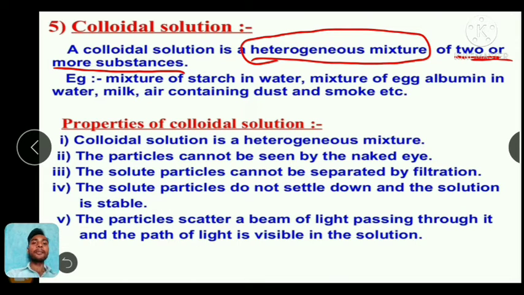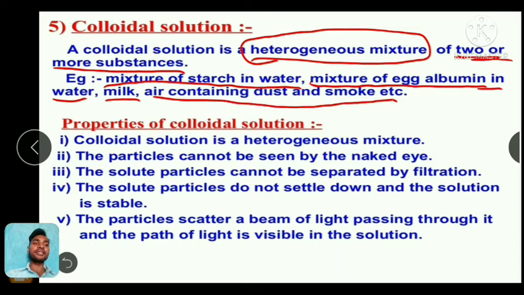For example, a mixture of milk in water is one colloidal solution, a mixture of egg albumin in water is also one, and air containing dust and smoke is one of the colloidal solutions. The properties you really need to understand are a little different.